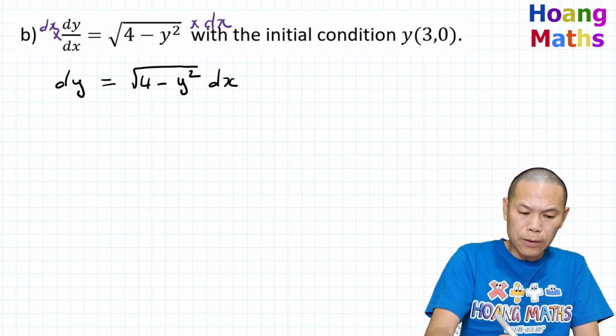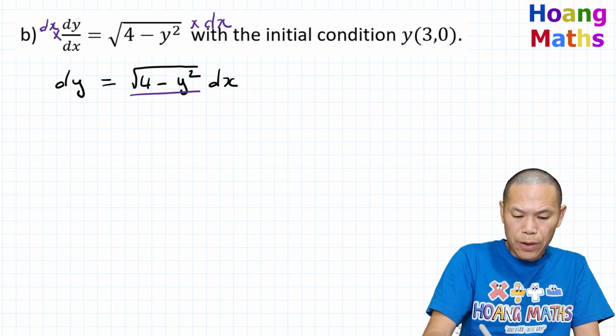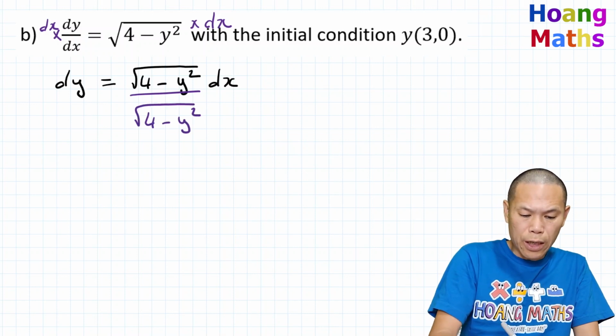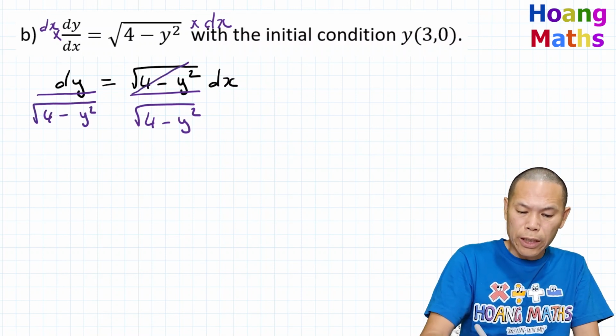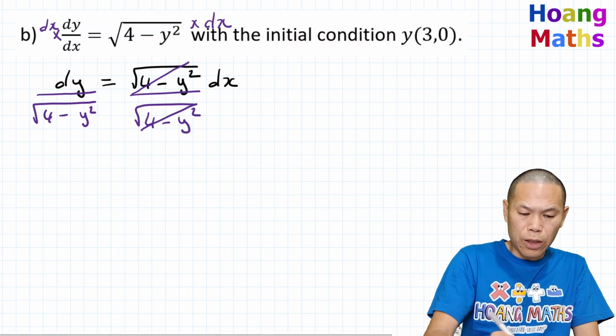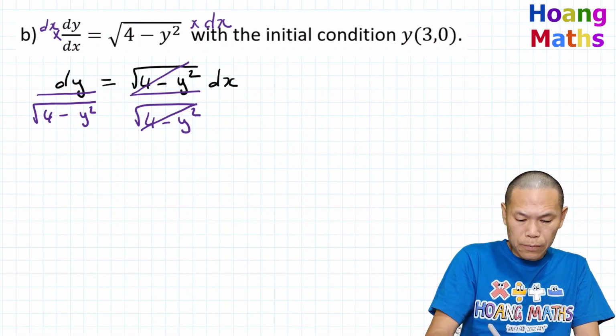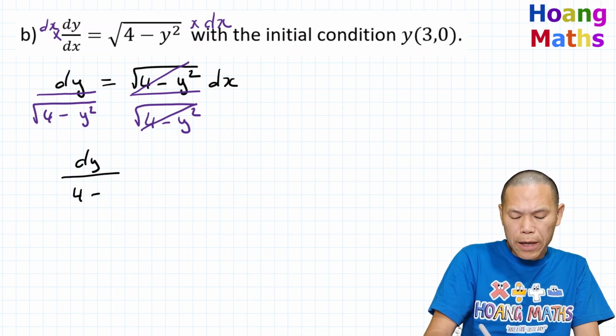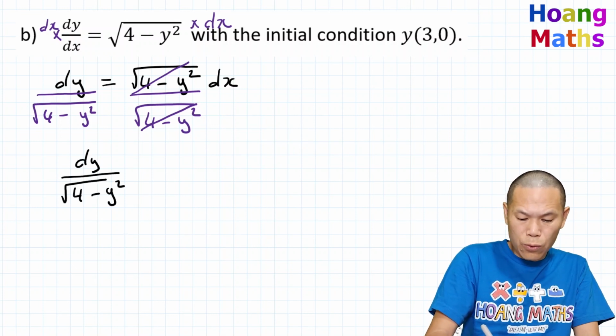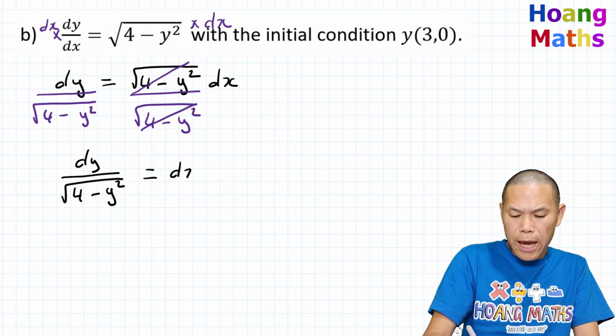I divide this by square root of 4 minus y square, and I do the same thing on this side. So that cancels out. This will give me dy over square root of 4 minus y square is equal to dx.